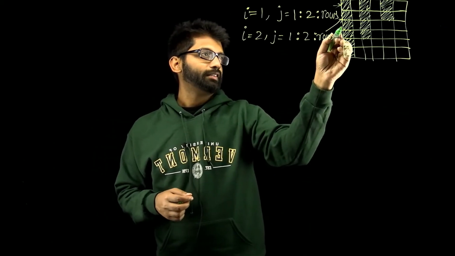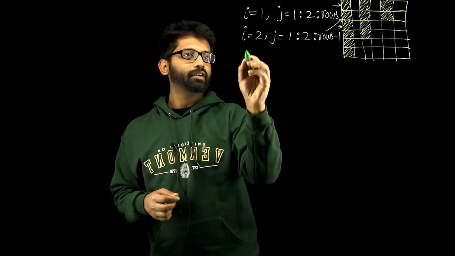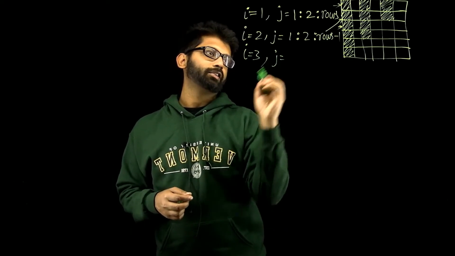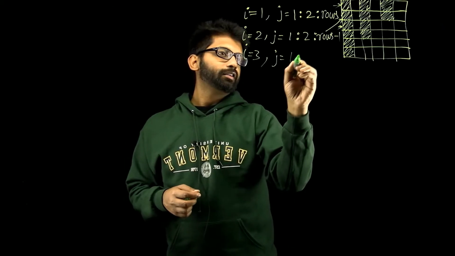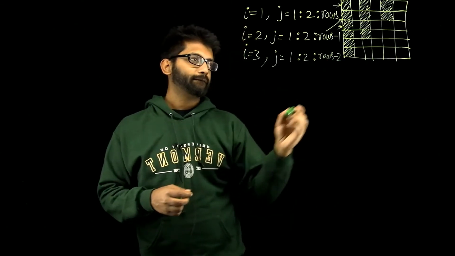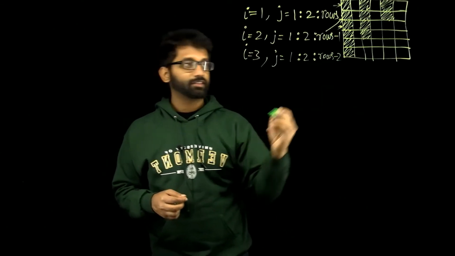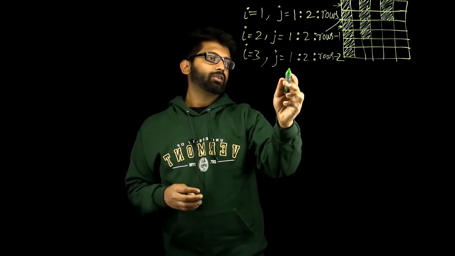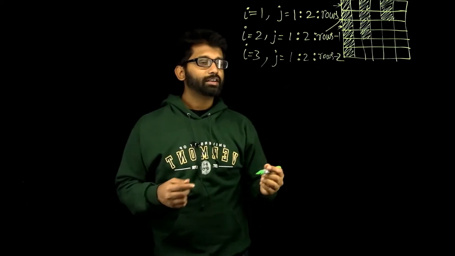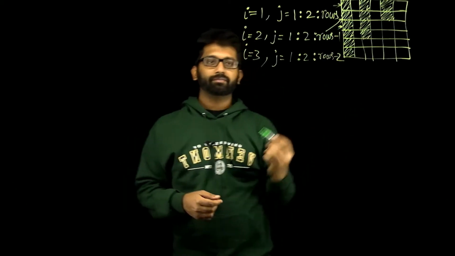I'm going to write the same for the third row. Where i is equal to 3, j equals 1 colon 2 colon rows minus 2. Let's check if this is holding true. Rows minus 2 is basically 4, so we have 1 and 3.